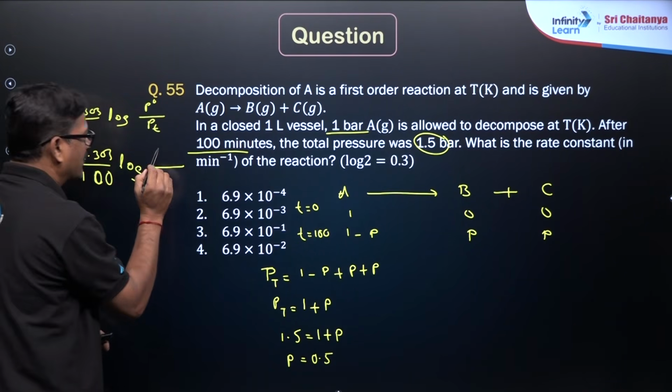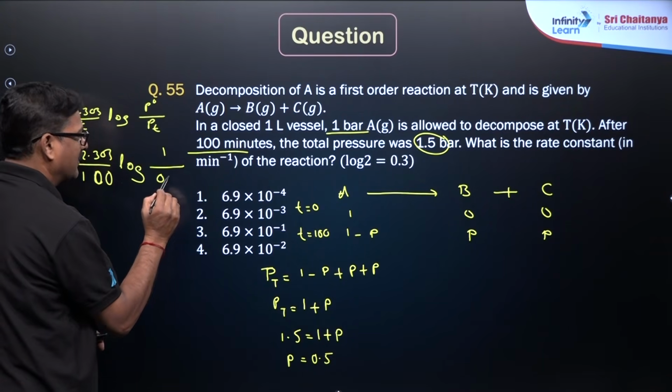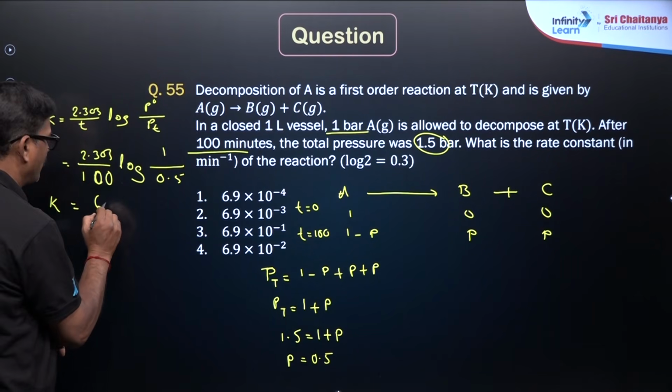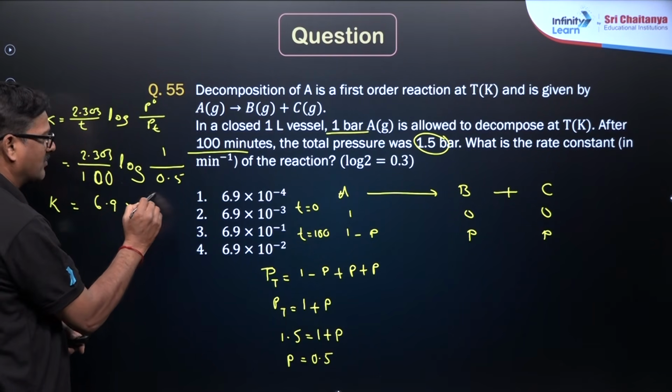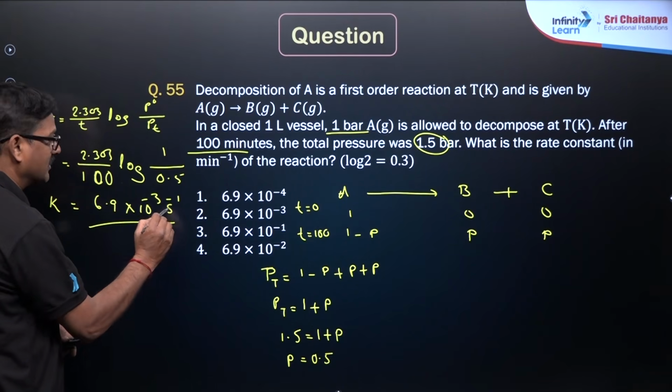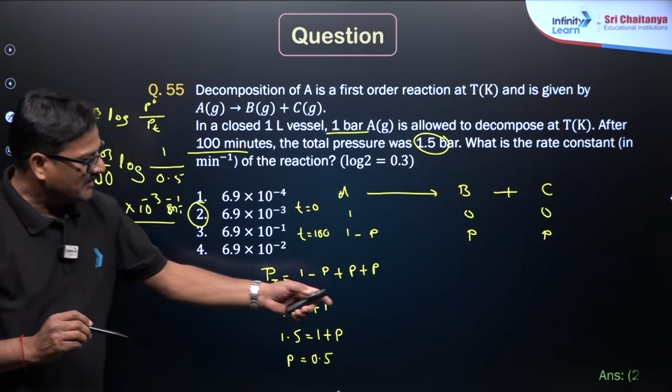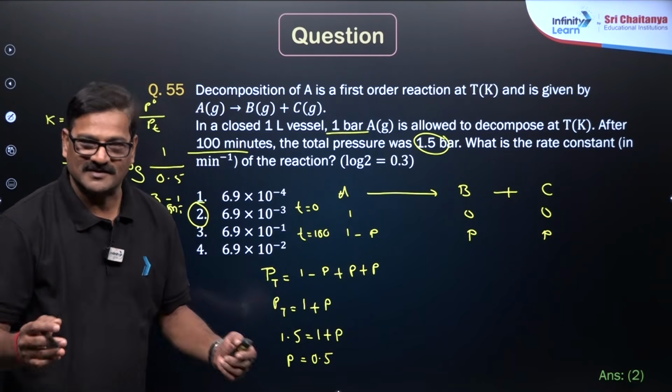Initially it was 1 bar pressure and it becomes 0.5, and on solving, K comes to be 6.9 into 10 power minus 3 minute inverse. So the answer for this question is going to be option 2, the correct answer for this first order kinetics equation.